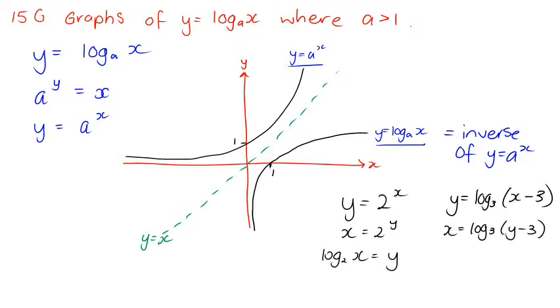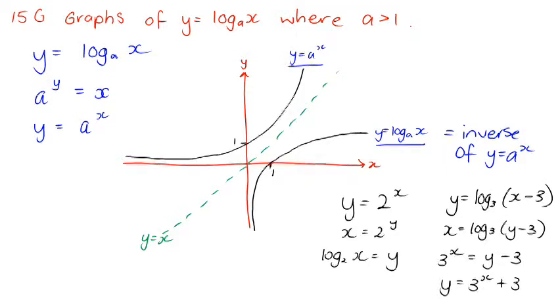So take the log over, that becomes 3 to the y. Oh, sorry, that should be a y. Y minus 3, and then just take the 3 over. So y equals 3 to the x plus 3. So finding the inverse is pretty straightforward. Swap the x and y, rearrange.